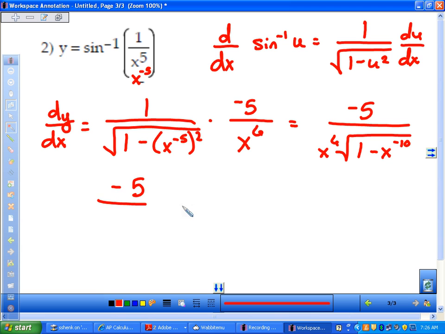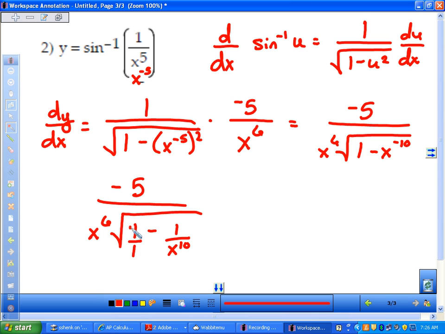Negative 5 over x to the 6th times the square root of 1 minus, how can we rewrite x to the negative 10th? 1 over x to the positive 10th. So let's actually do this subtraction of fractions under our radical. If we're going to subtract those two fractions, we have to have a common denominator. And what would that common denominator be?